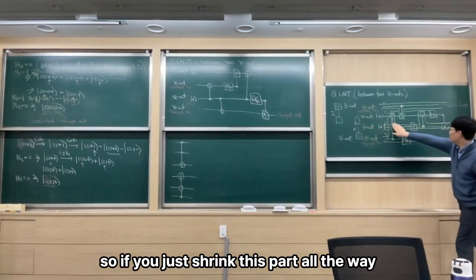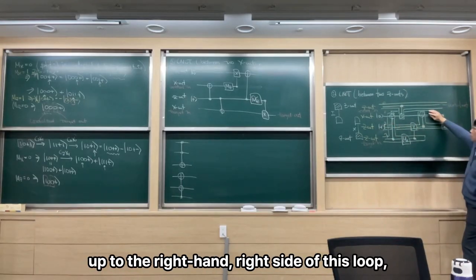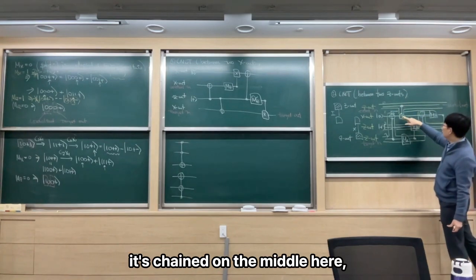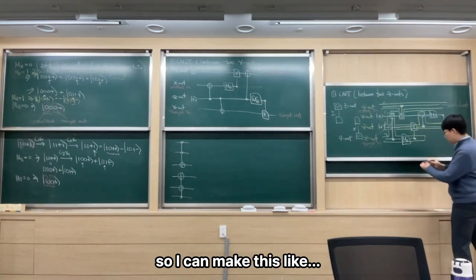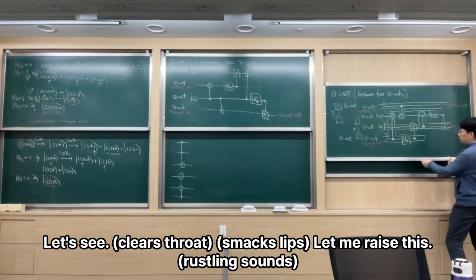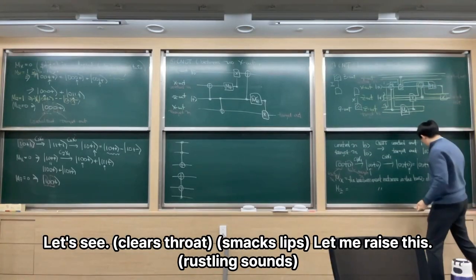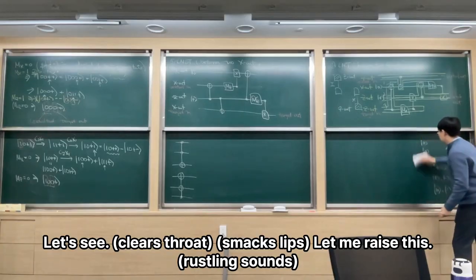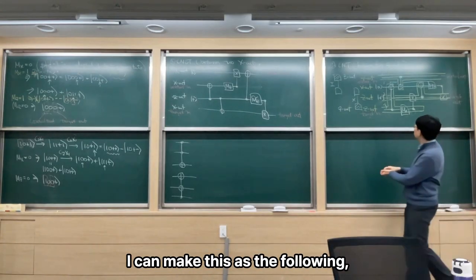If you shrink this part all the way to the right side of the blue loop, it is chained on the right, and the top one is chained in the middle here. Let me erase this. I can make this as the following.